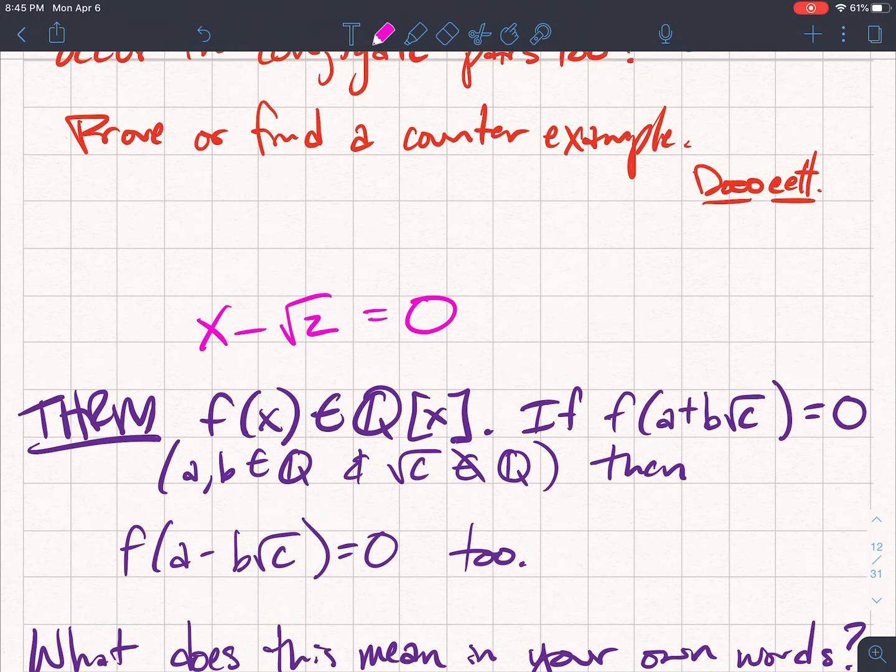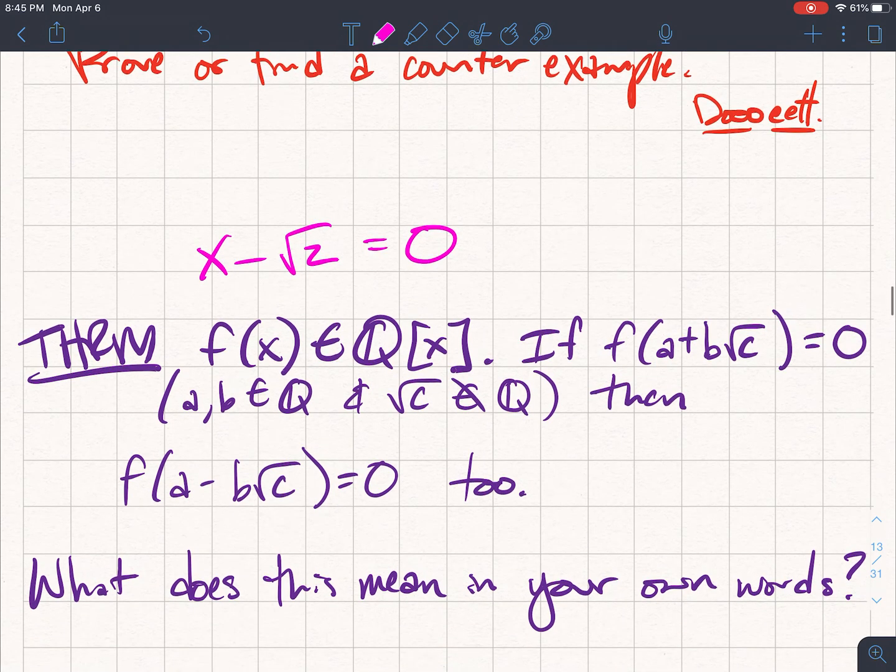So my polynomial has rational coefficients, not real coefficients. If a plus b root c is a root, then I know that that conjugate is also a root.